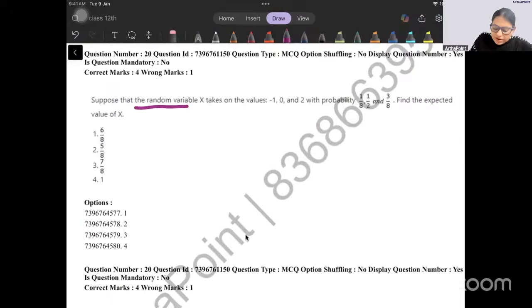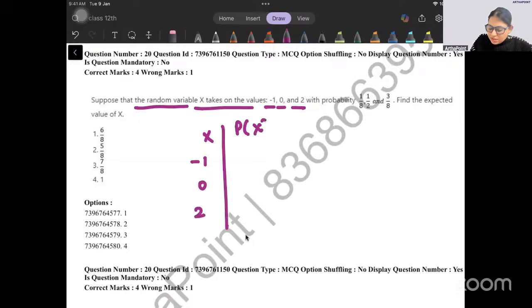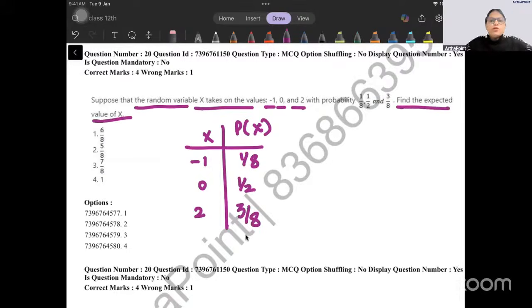Suppose that the random variable x takes on the values -1, 0, and 2 with probabilities 1 by 8, 1 by 2, 3 by 8. Very easy. Find the expected value of x. Okay. So expected value of x is the sum of x times p(x).